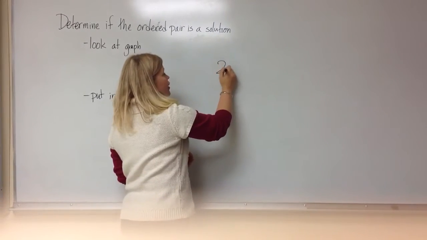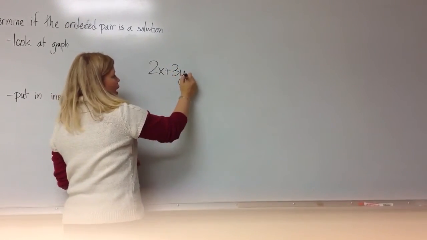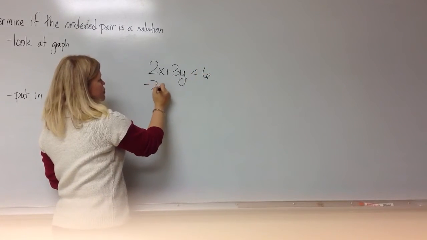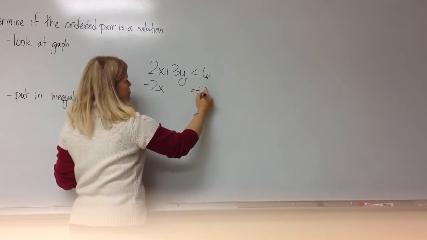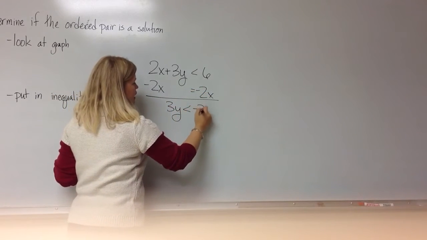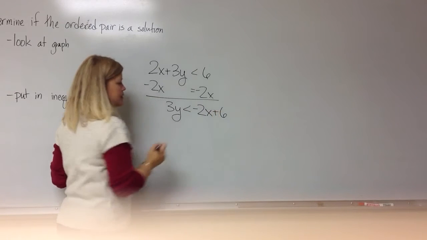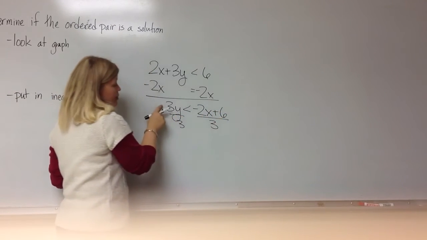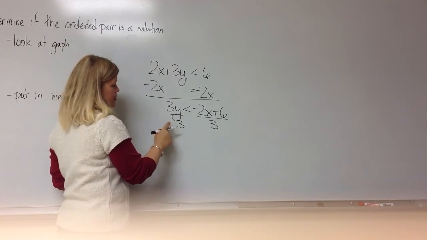So if you have 2x plus 3y, and that is less than 6, we subtract our 2x. We now have 3y less than negative 2x plus 6. What else do we need to do? Divide by the number that's with y.